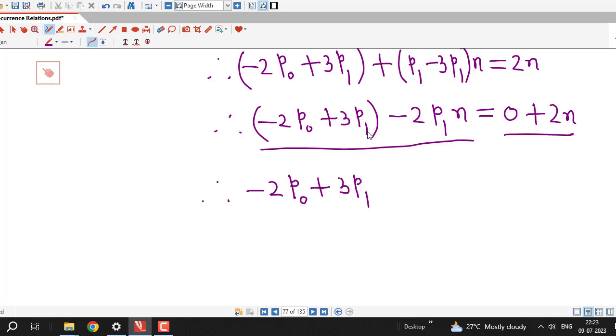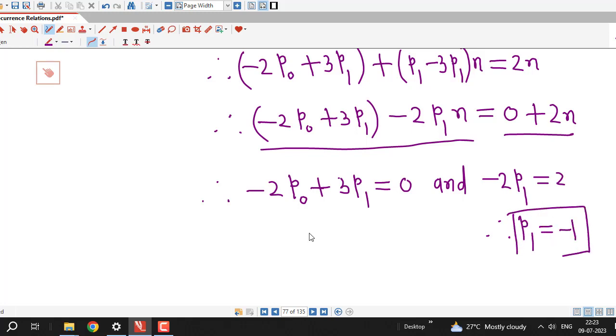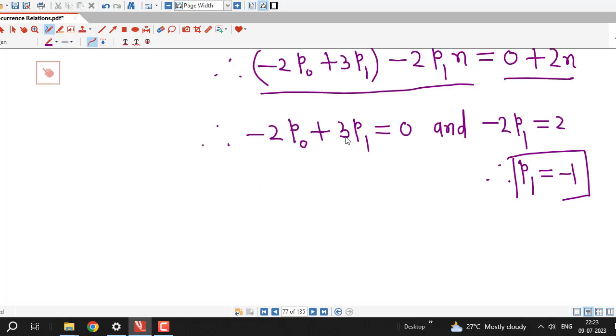Minus 2p0 plus 3p1, which is the constant term here, and on the right hand side the constant term is 0, and here the coefficient of n is minus 2p1, here it is 2. So here I will obtain p1 equal to minus 1, and if I substitute p1 equal to minus 1 here, I will have minus 2p0 plus 3 into minus 1 equal to 0.